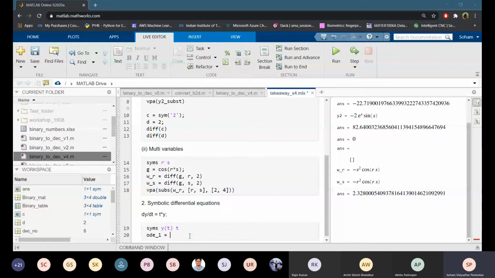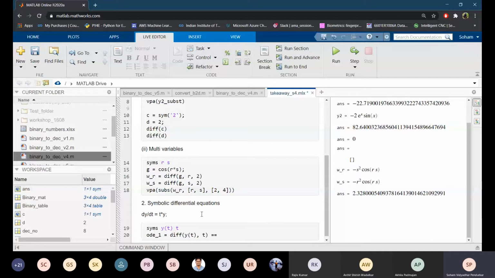ODE1 is equal to. Now, in order to get this dy by dt, I'll use this syntax: diff of y of t, comma t, is equal to t times y. So this is how you define an ODE1. This is a syntax given by Symbolic Toolbox.